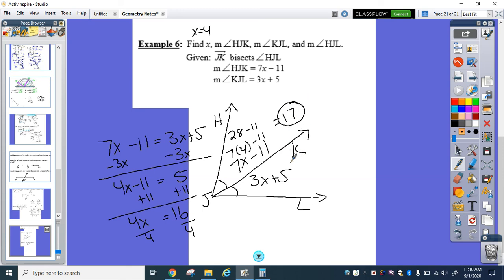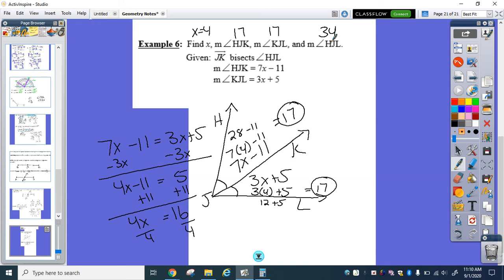So 17 for this angle, which means if we plug our 4 in here, 3 times 4 plus 5, well, that's going to give me 12 plus 5, which will give me 17. So both of these angles are 17, and HJL, the whole thing, 17 plus 17, would get me 34.